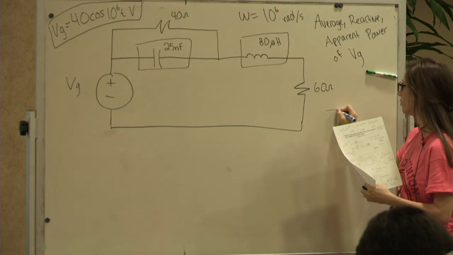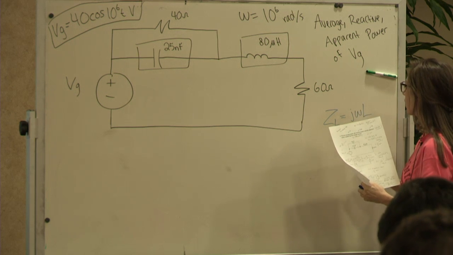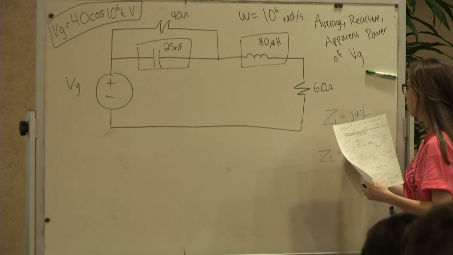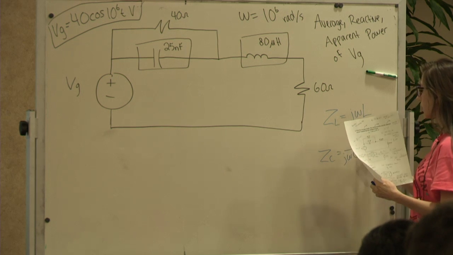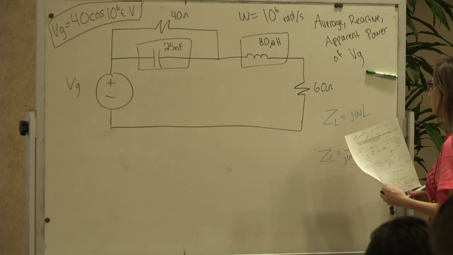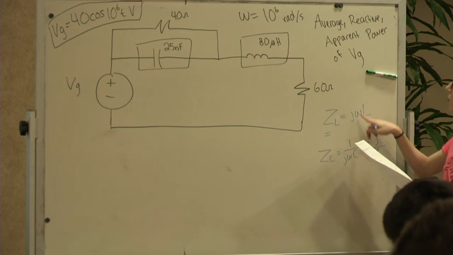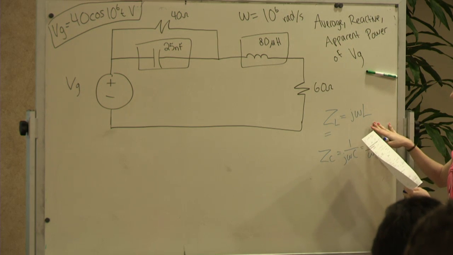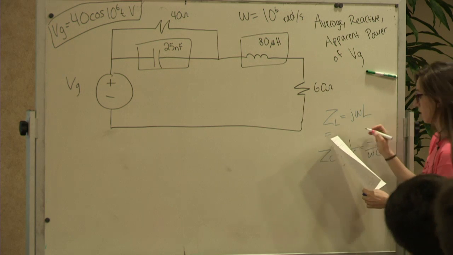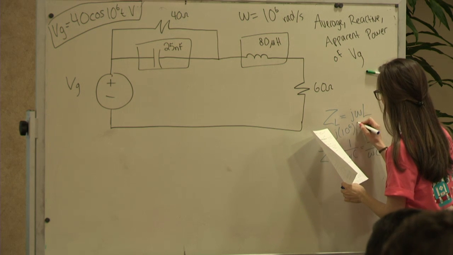So ZL is jwL. That's how you convert it. And then ZC of a capacitor is 1 over jwC, or likewise, you could bring the j up top, put a negative j over wC. So this ends up being 10 to the 6th times 80 times 10 to the negative 6. So j 10 to the 6th.